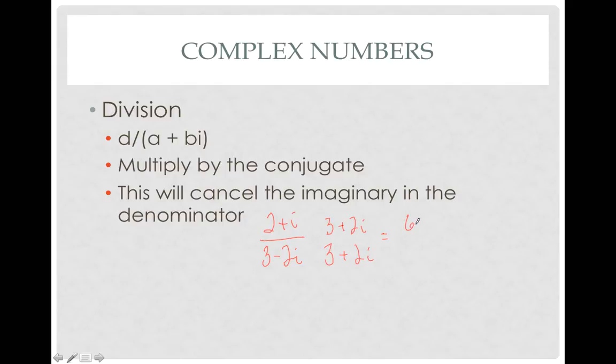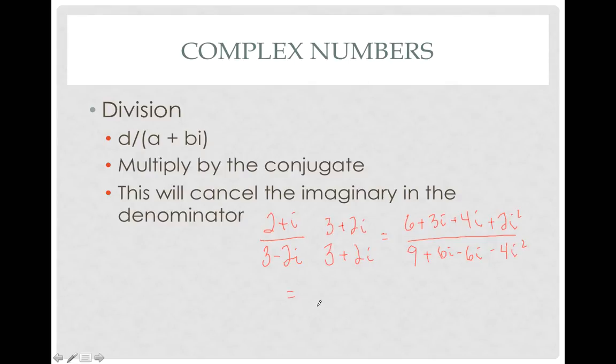So I get 6 plus 3i plus 4i plus 2i squared over 9. You don't have to write these if you don't need to. The plus 6i minus 6i and a minus 4i squared.